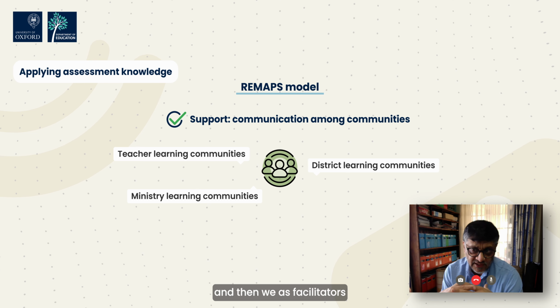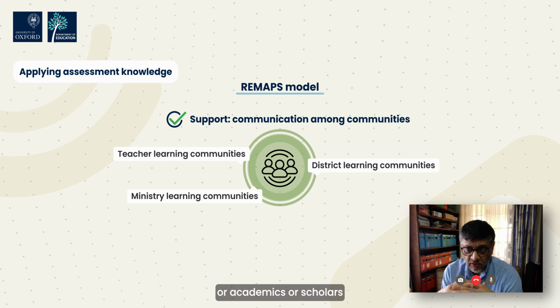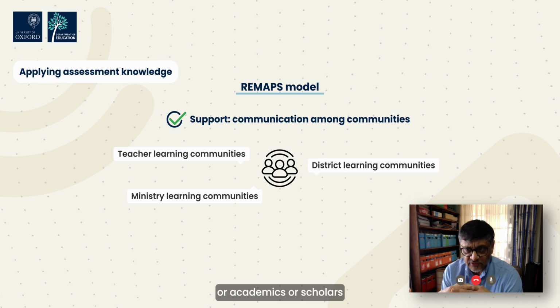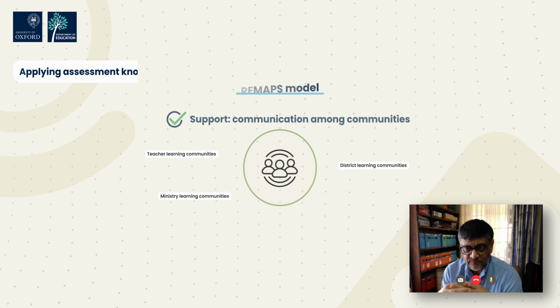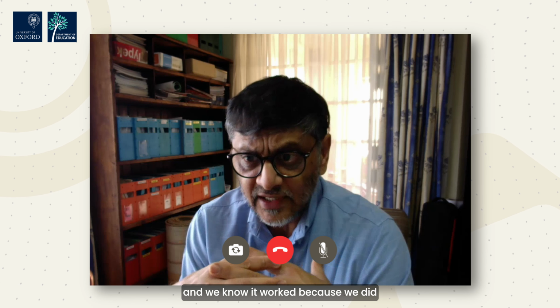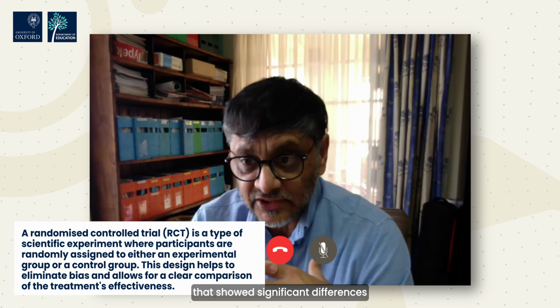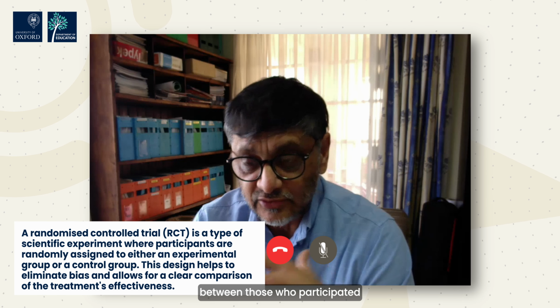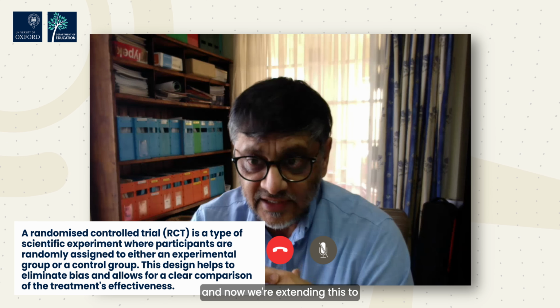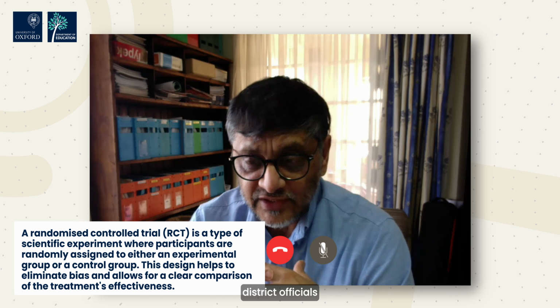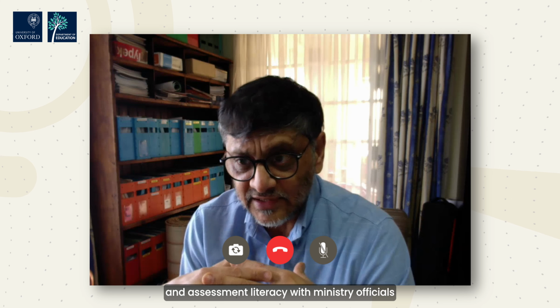And then we as facilitators, academics or scholars will be available to support this process. We know it worked because we did an RCT with teachers that showed significant differences between those who participated and those who did not. Now we're extending this to district officials and assessment literacy with ministry officials.